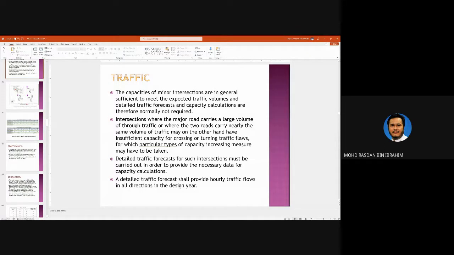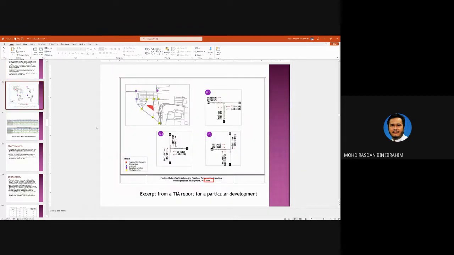Detailed traffic forecast shall provide hourly traffic flow in all directions for the design year. Okay. So this is an example excerpt from a particular TIA report. This is for your year 2033. Okay, you have the current year count. At junction JC3 here, you know how many vehicles are turning right, how many turning left, how many going straight, how many turning right here for the current year.